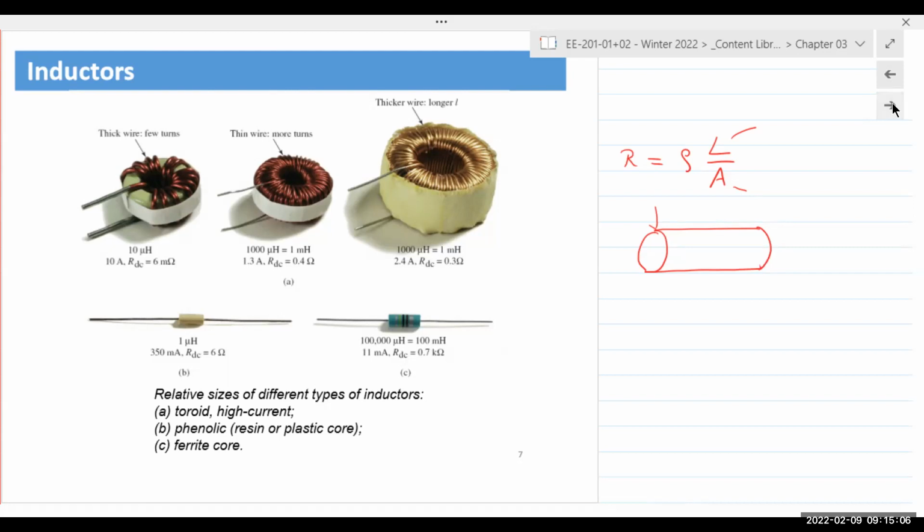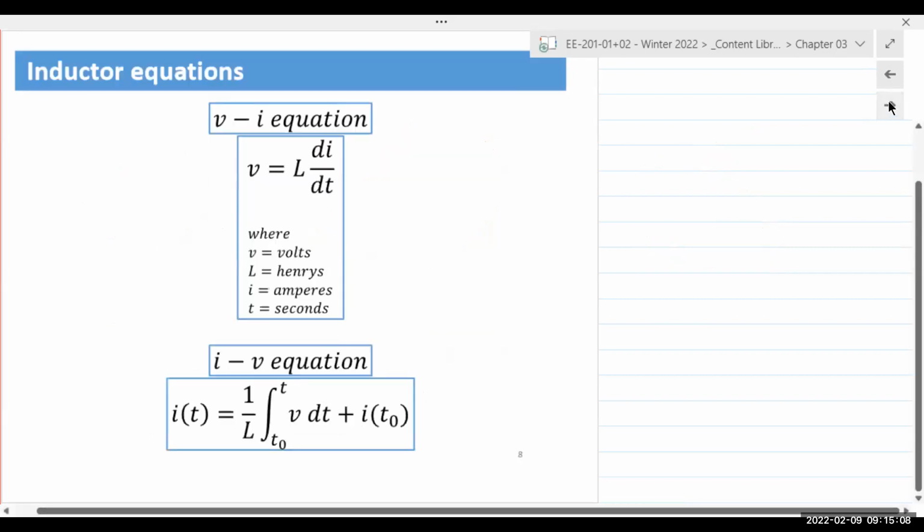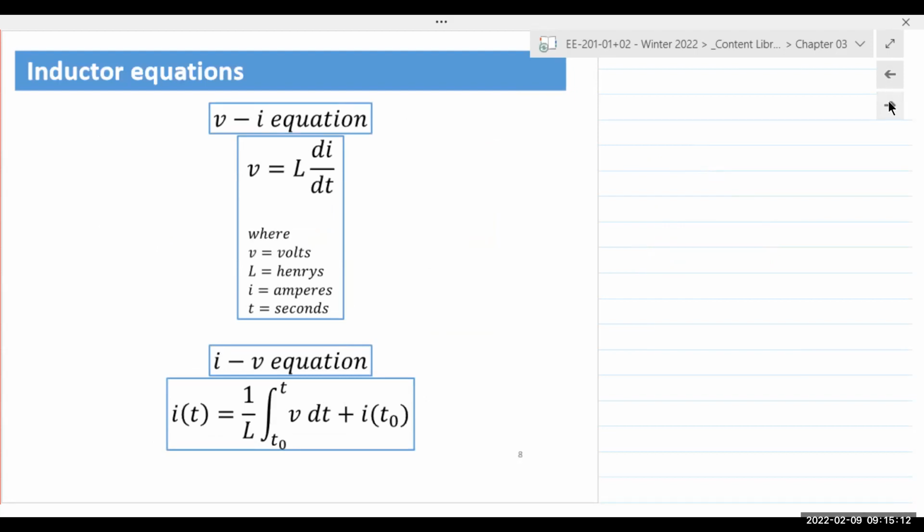Now, the equation for the voltage and current of an inductor is given by V is equal to L di over dt. So far in resistive analysis, we looked at voltage and current equations that were linear. We did not have any time-dependent variables.